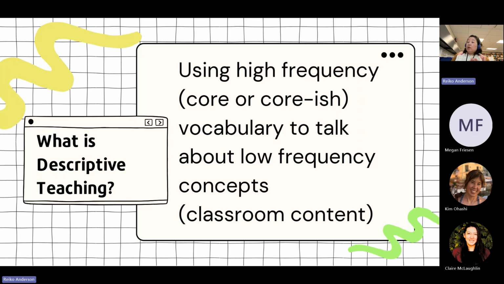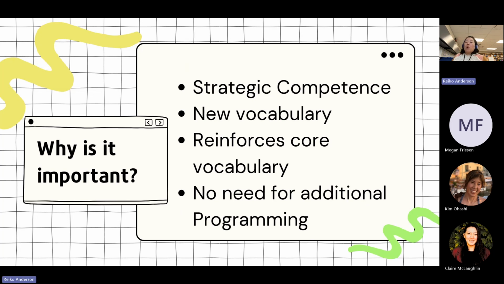When you think about kids' acquisition of language, we would expect to see them figuring out the word car before vehicle, because car just happens in conversation more frequently. So hopefully this is making sense. So why is this important? It's strategic, right? We need to teach kids how to use the vocabulary that they have, which is probably going to be more high frequency, to talk about new vocabulary, right?